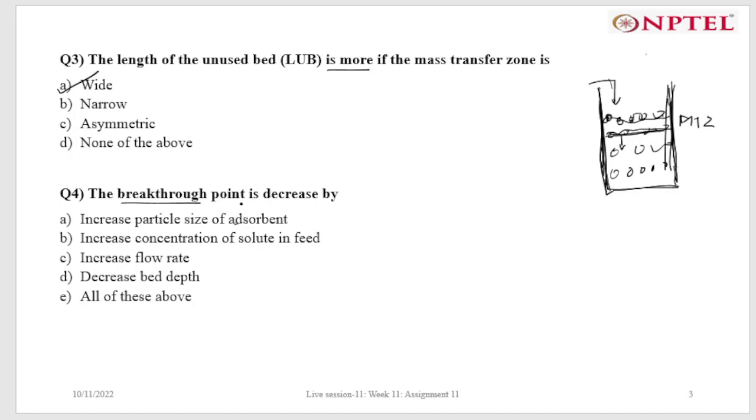So the breakthrough point is decreased by the options given here. The answer to question 4 is all of the above. Yes. All these factors would help to decrease the breakthrough point. All of you got this one? Yes, sir.